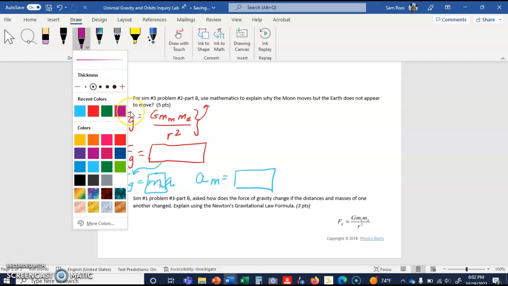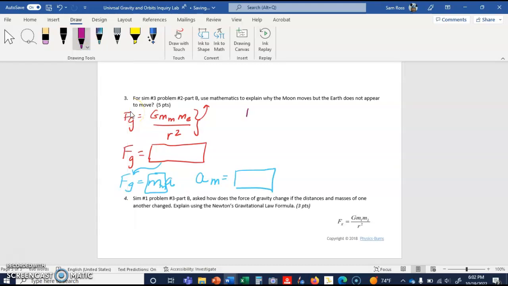Then we're going to do the same thing: force equals M_E times acceleration. We take our force of gravity and plug it in there, get this from up above, and we get the acceleration of Earth is equal to something.